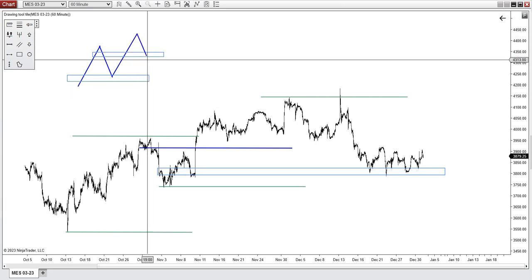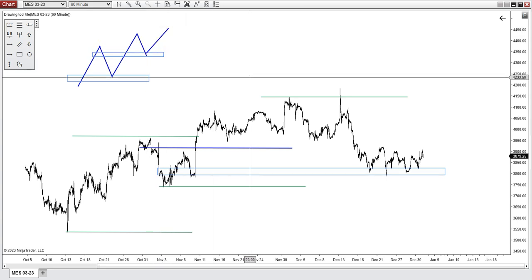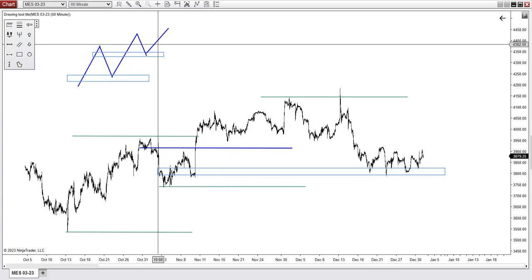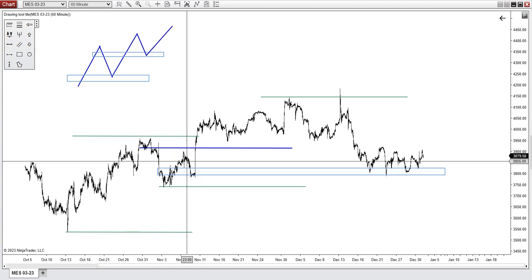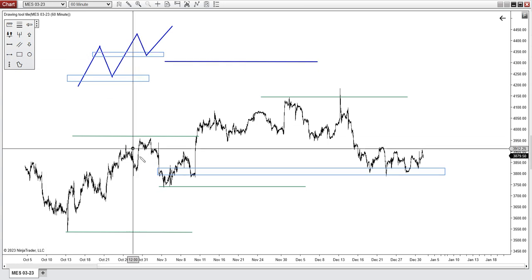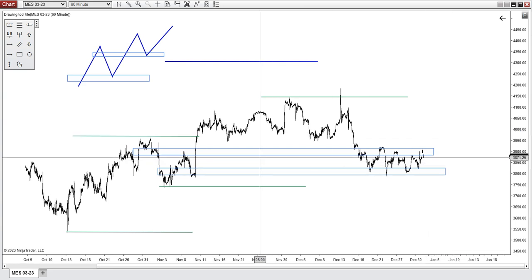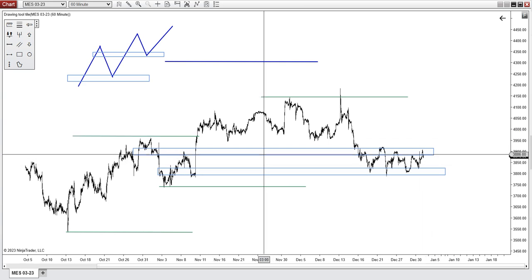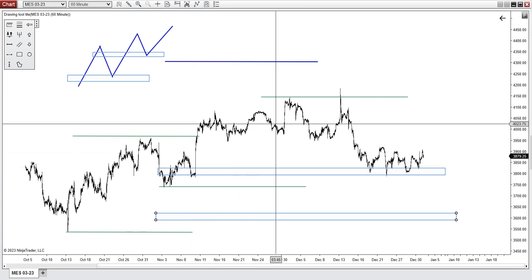And then oftentimes when they get broken like this, price will come back and retest the kill zone. So like right here we have this kill zone. That doesn't necessarily retest it, but there's a little bump right there, and it's coming down into the kill zone of a deeper pullback.